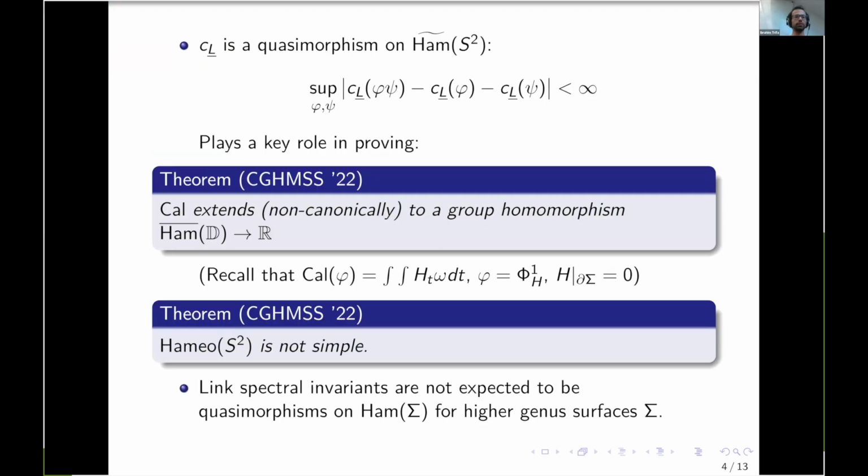For instance, if you take just a torus and you take only one Lagrangian, we know in this case that the spectral invariant is not a quasimorphism. Yes, that's true, of course. And so we expect that if you take more components, it will not help with that. And higher genus will not help, you say? I think so, yes.